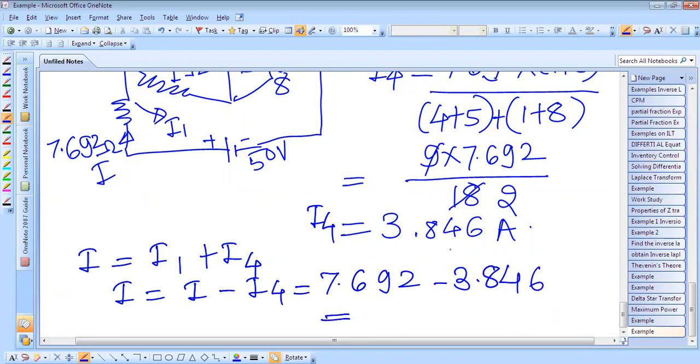Calculate this. This is coming equal to 3.846 ampere.